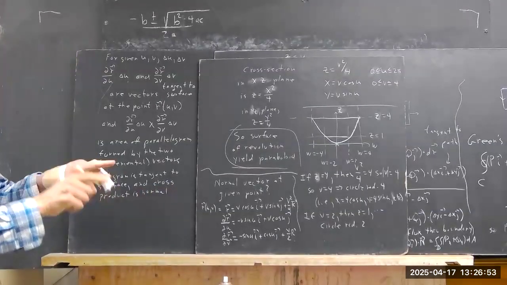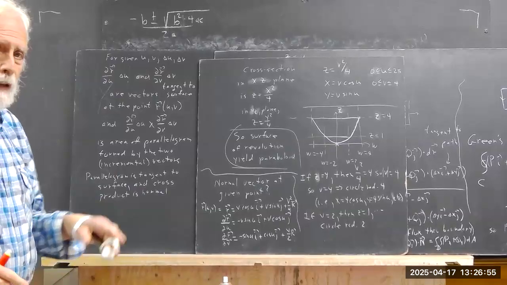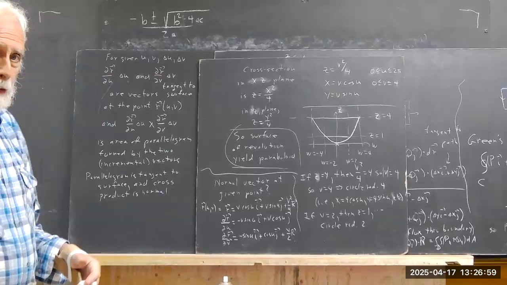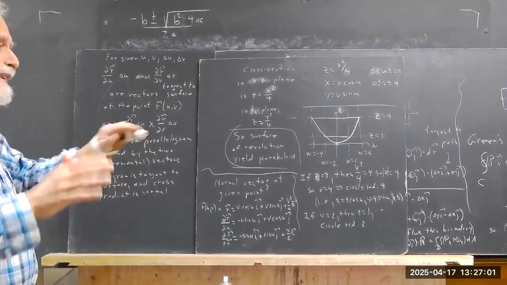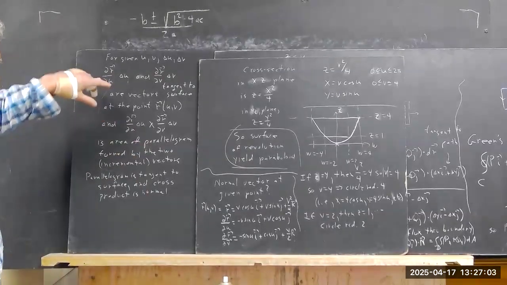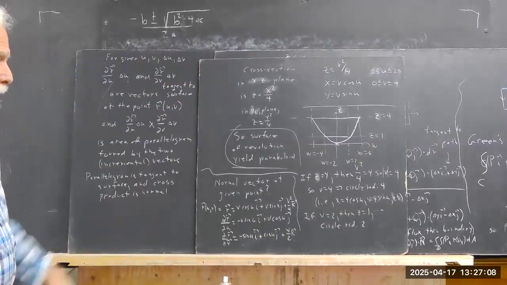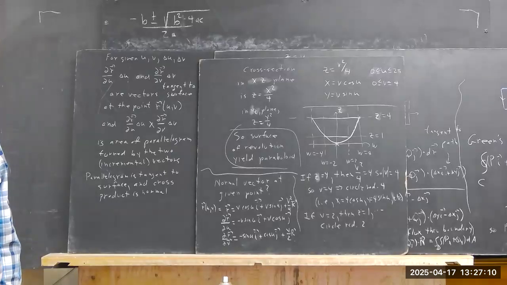Since two vectors are tangent to the surface, they won't be parallel, at least for any of the surfaces we're going to be looking at, unless your surface is one-dimensional.